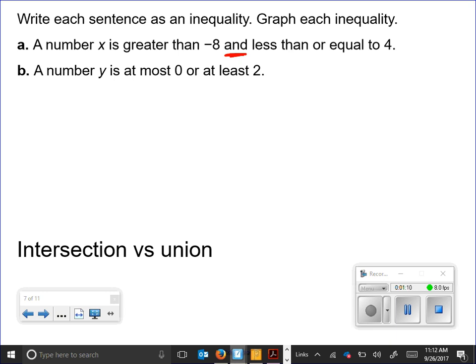A number x is greater than -8. And then x is also less than or equal to 4. You can write it like this. You could also write it like this. Either one works. It just depends on how you like to see it.